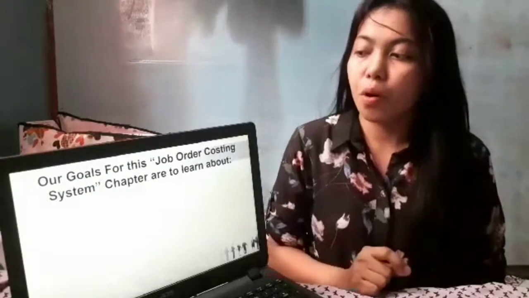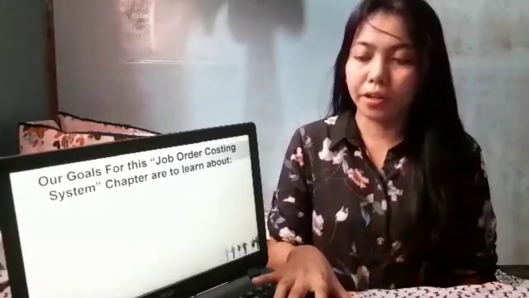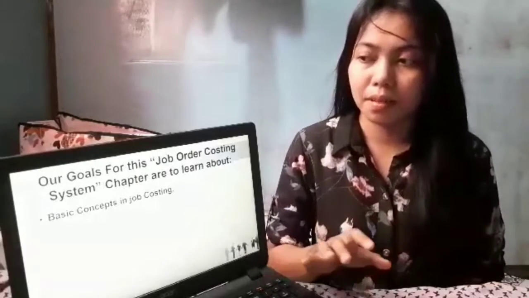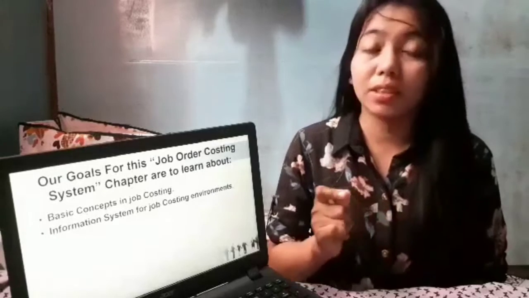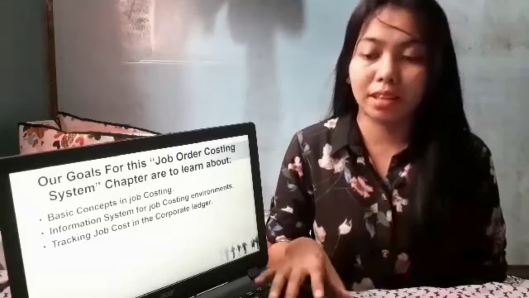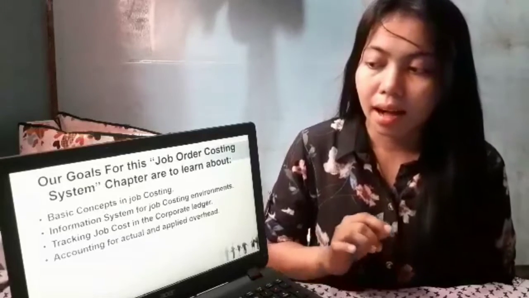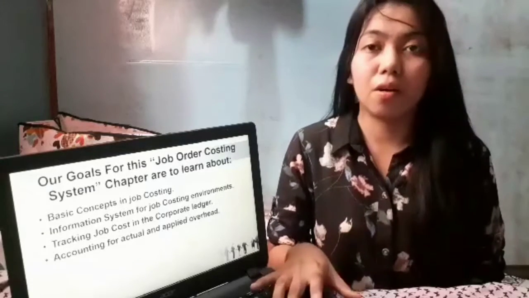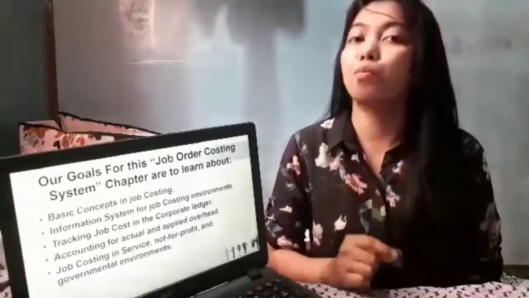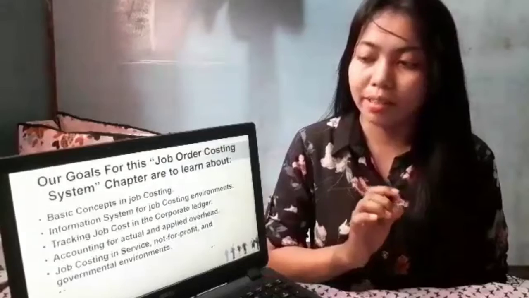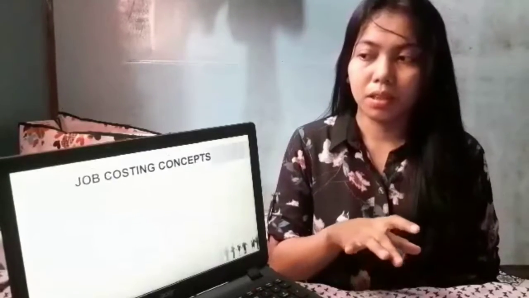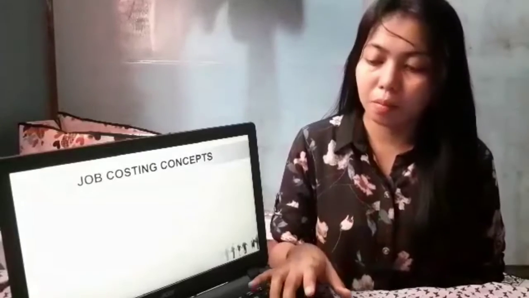Our goals for this job order costing chapter are to learn about basic concepts in job costing, information systems for job costing environments, tracking job costs in the corporate ledger, accounting for actual and applied overhead, and also job costing in service, not-for-profit, and governmental environments, and lastly, modern management of cost and quality. Today we're talking about job costing concepts.